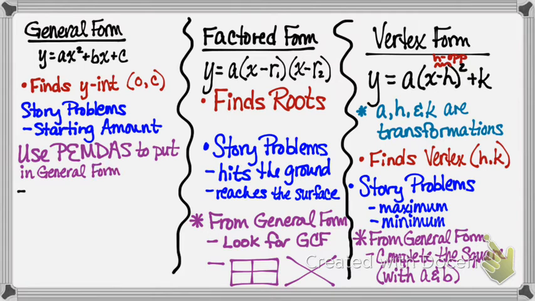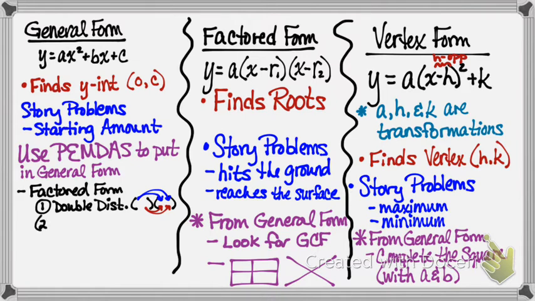So from factored form, first, you will double distribute your two sets of parentheses, your two factors. After you double distribute, then you would multiply by A, if there's an A value out in front.